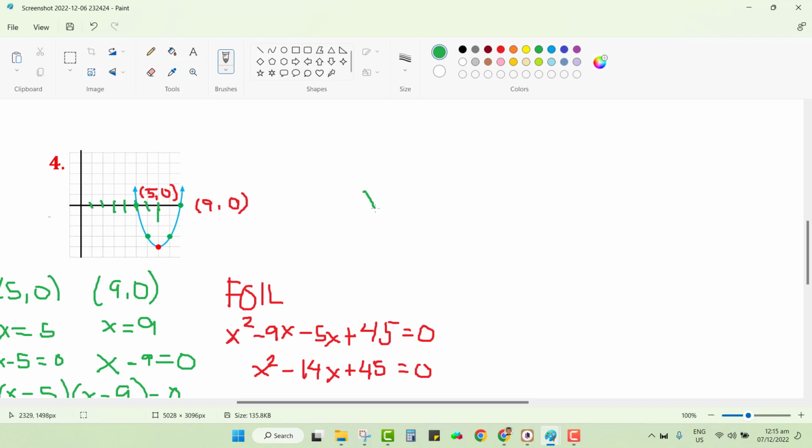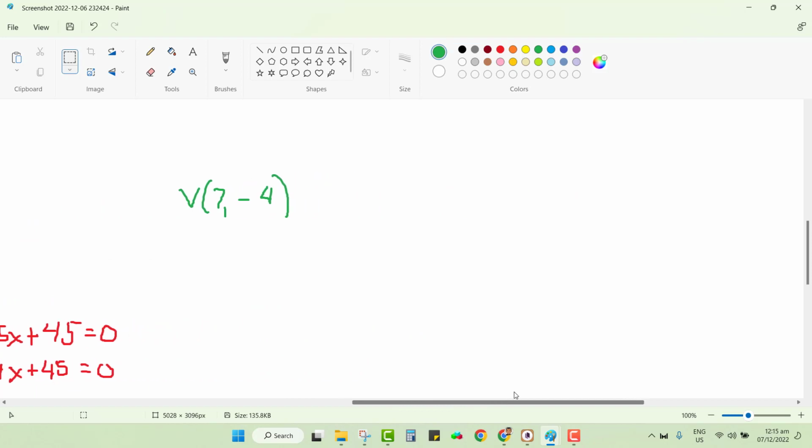So the vertex is at 7. And then 1, 2, 3, 4, you will have negative 4. So this is your vertex. Let's see if using vertex form we will end up with the same result. Let's check. So this is our h, that's our k.